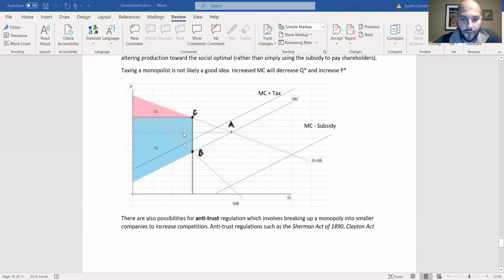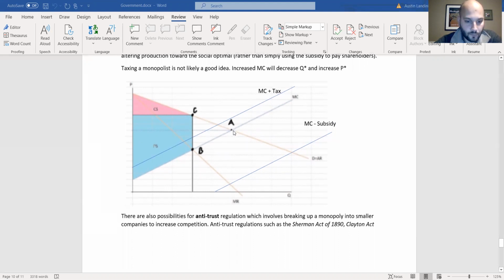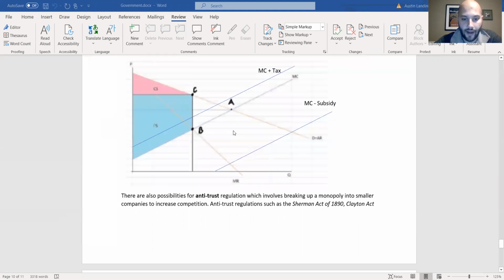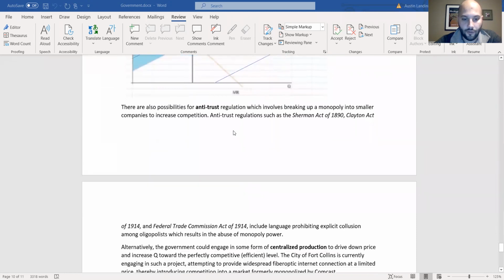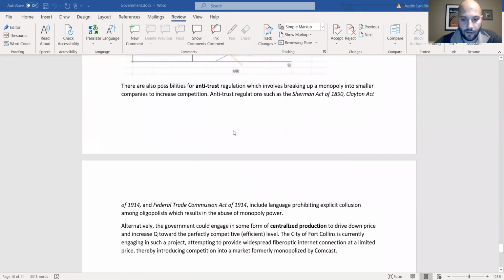All right, so what types of policy solutions other than subsidy might we enact in order to get the monopolist to act more like the competitor, somewhere out here at point A, producing a higher quantity? There are some possibilities for antitrust regulation. For instance, the Sherman Act of 1890 and Clayton Act of 1914, as well as the FTC Act of 1914, include language that prohibits explicit collusion among oligopolists, which results in the abuse of monopoly power.